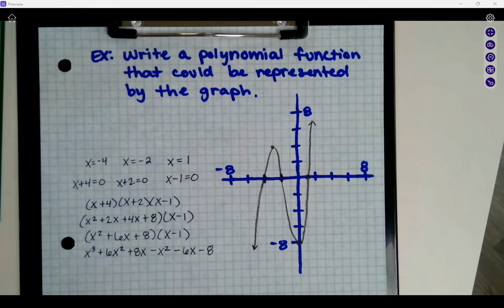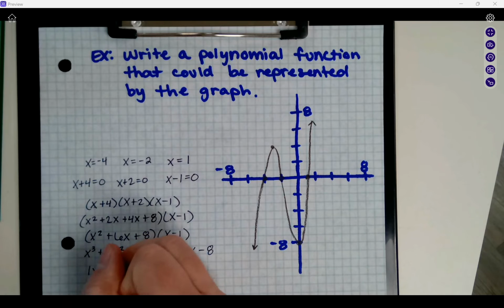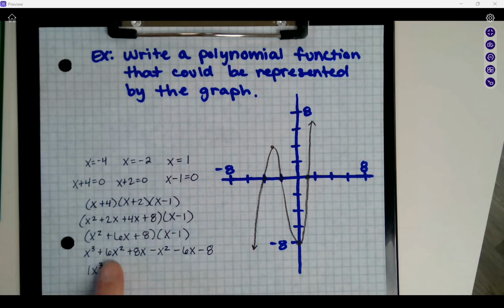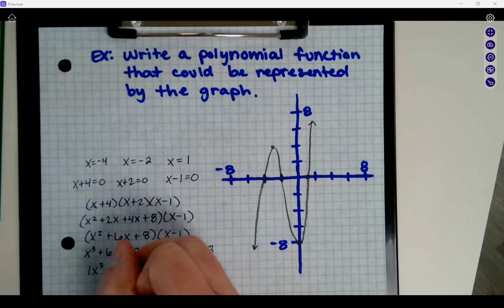And then from here, I need to step back and see what terms are like terms so I can combine them and simplify this. I have one cubic term here. There are no other cubic terms, so I only have this 1x cubed. I have two quadratic terms. I have positive 6x squared and negative x squared. When I combine those two quadratic terms, I have 5x squared.